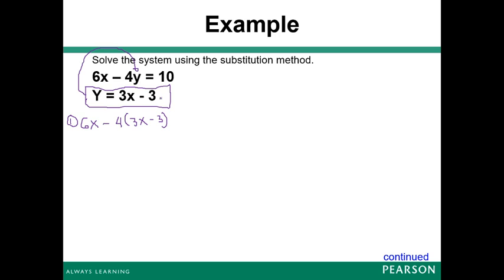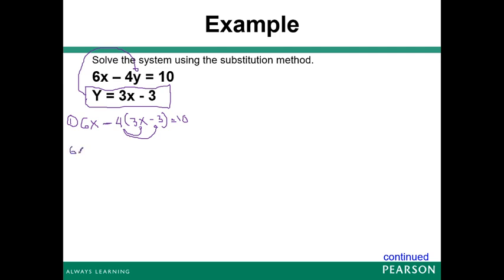Y is 3x minus 3, so 4 is multiplied by 3x minus 3, equal 10. Now you have to multiply 4 and 3. Please remember, we have a negative sign in this case. Okay, very good. Now let's continue.